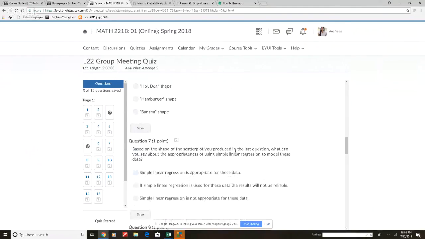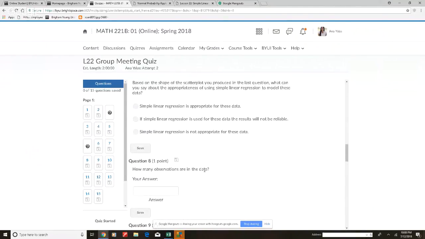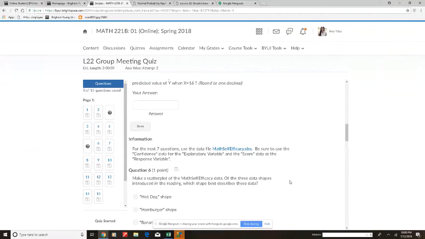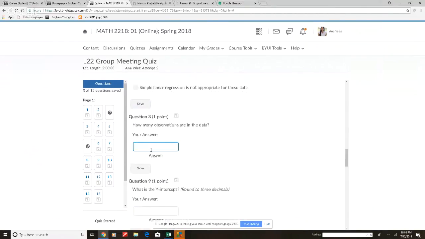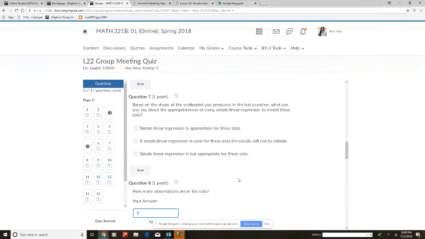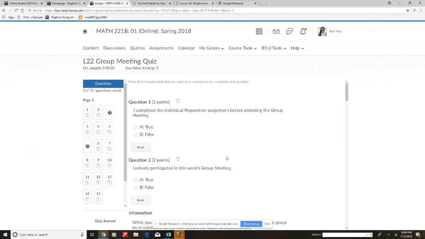Yeah, based on the shape. So it doesn't talk about the observations when they introduce the problem. They may just do 2 groups. This test. Yeah, I'm confused about that one.